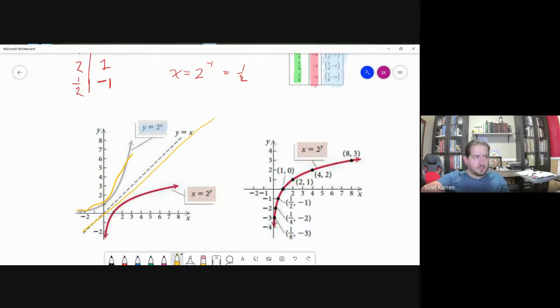Because one of them is the reflection about that line, that makes this one the inverse of that one, and vice versa.